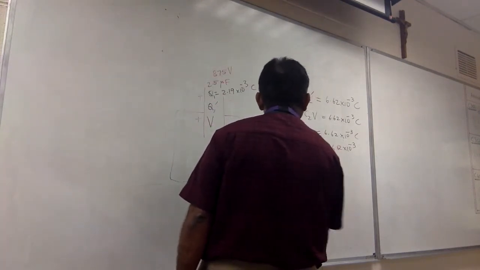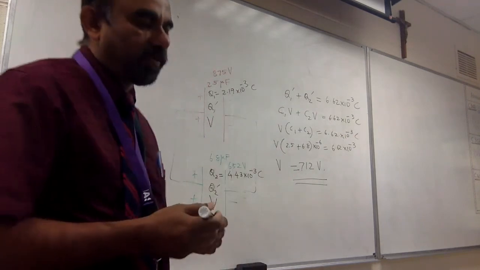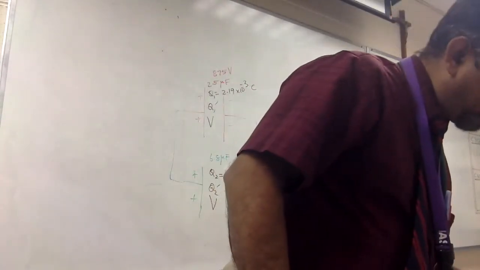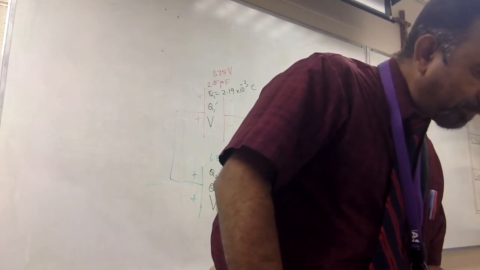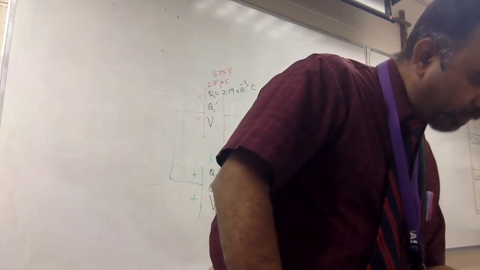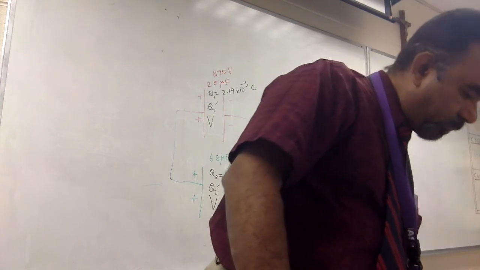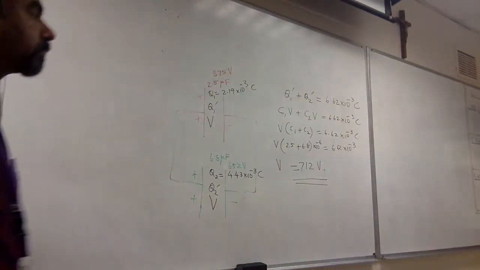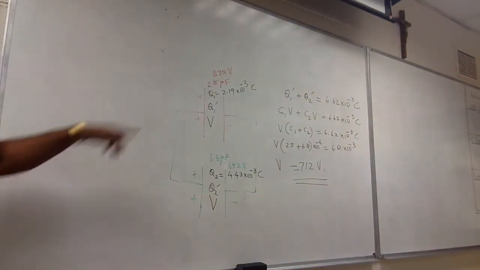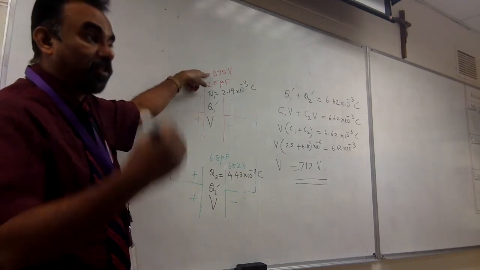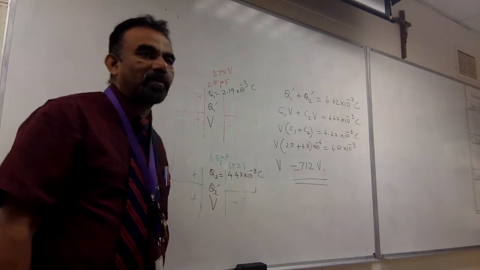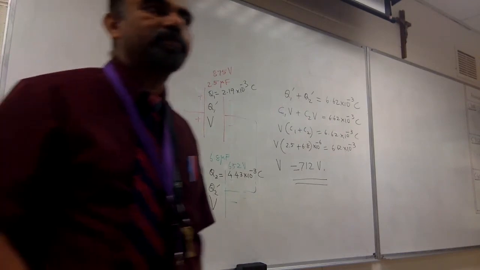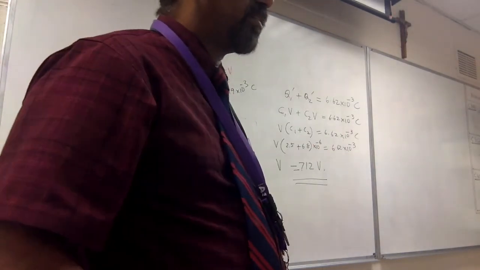So 712 volts. Must be right, because you're anticipating that 875 should drop and this 652 should go up. So 712 should be a reasonable answer there. You understood what we did, right? Okay.